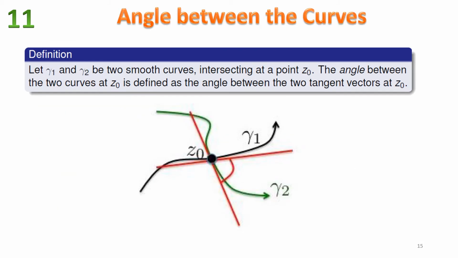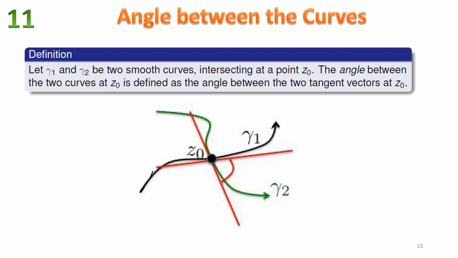Now we shall define the angle between the curves. For this purpose, we shall consider two curves. Let us suppose that this black line is a curve that is moving this way, going through a point Z0 and heading in this direction.